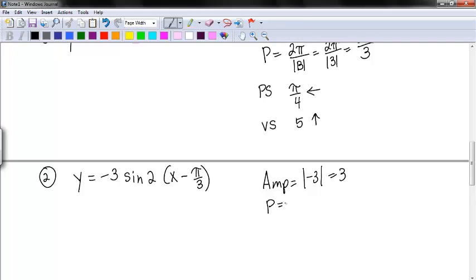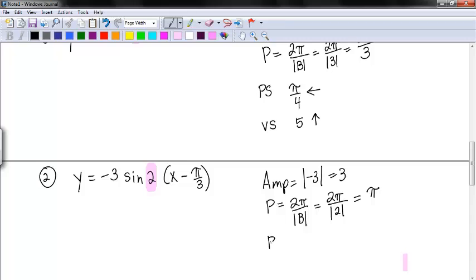The period is 2 pi, and I want you to write these down because for the other graphs, they're not necessarily the same formulas, so get used to the formulas. So this one's 2 pi over the absolute value of b, so 2 pi over the absolute value of 2, so it should end up to be just pi.